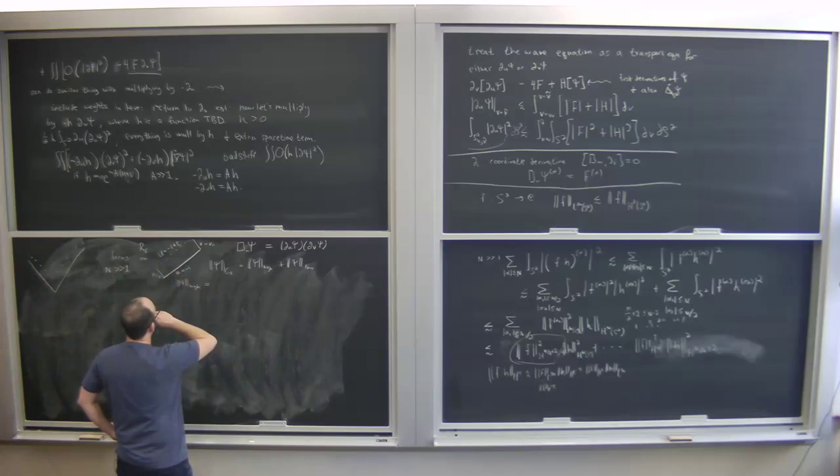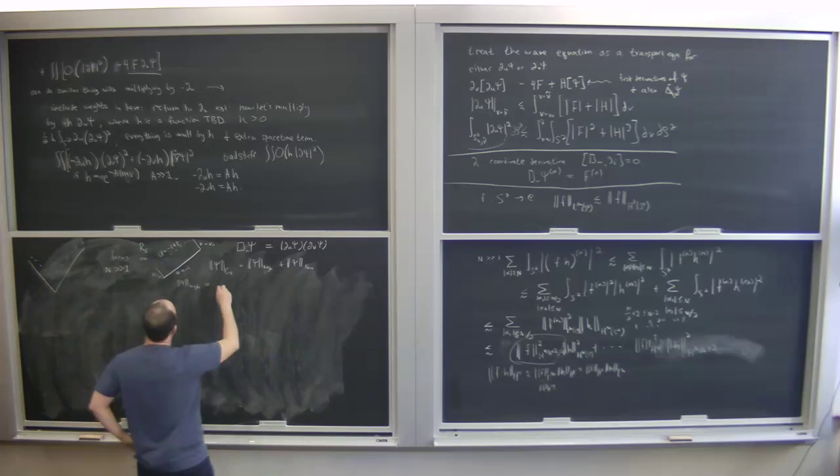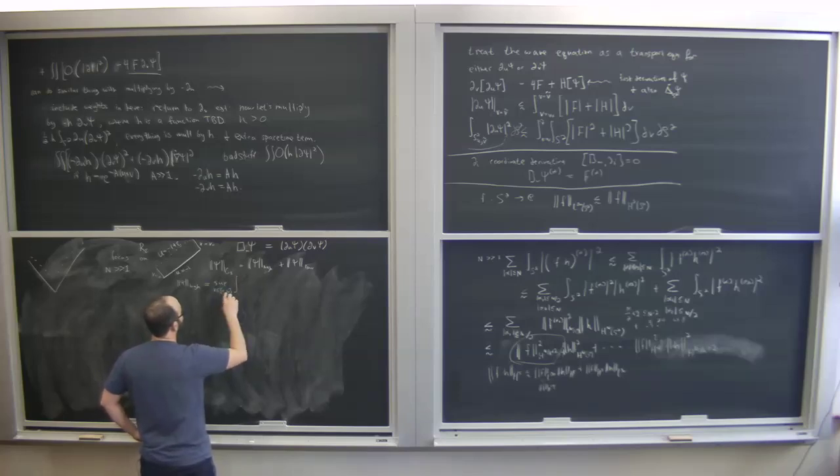So the high norm, there are two pieces. There's an ingoing piece and an outgoing piece. So we'll have the sup over V from 0 to V naught of the integral of, well, maybe V tilde.